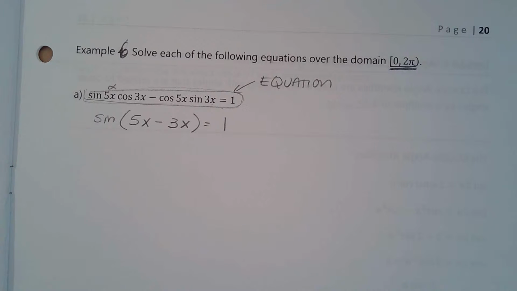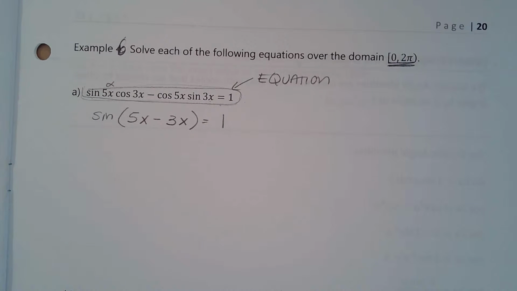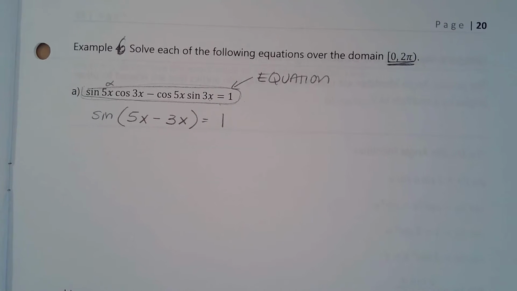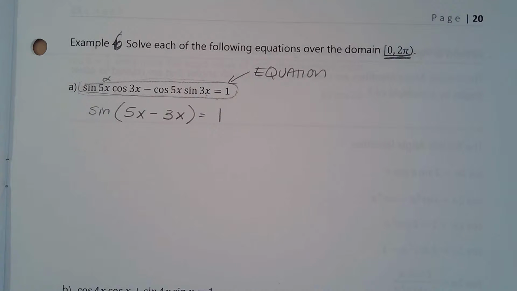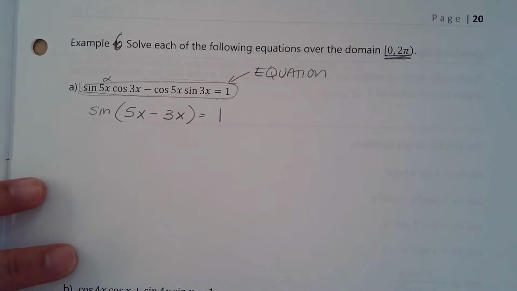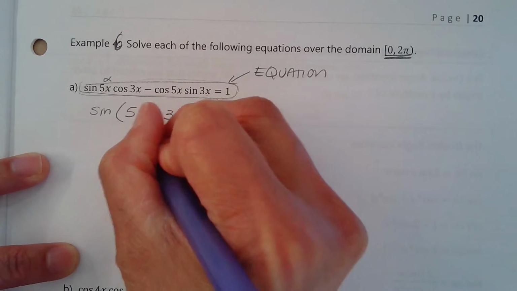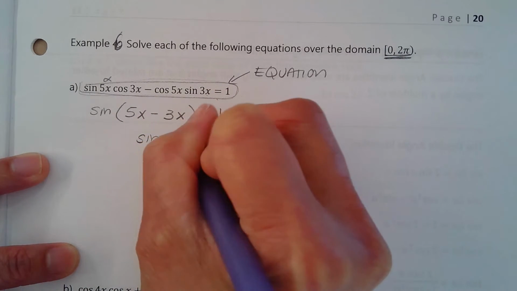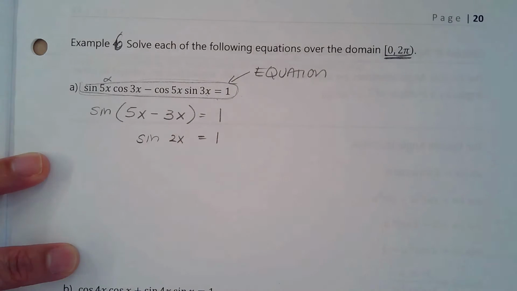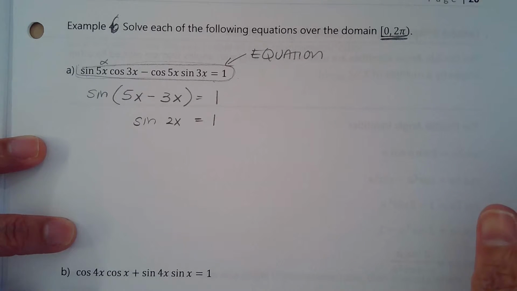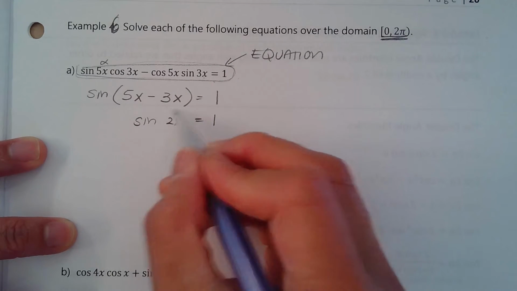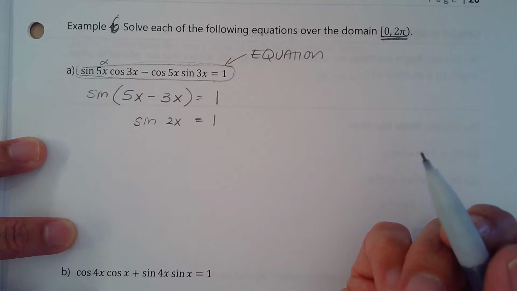What do you think is the next step here? Combine. Yeah, combine, right? Simplify this inside. So this is going to be sine of 2x equals to 1. Do you remember what we did last time? Okay.